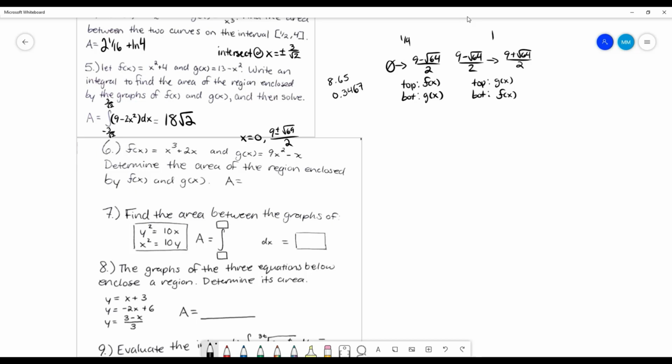So it's going to be 2 separate integrals, of course. So it's going to be first the integral from 0 up to here. And it's going to be f of x minus g of x. I'm going to write it over here because I don't want to rewrite. So it's just going to be x cubed plus 2x minus 9x squared minus x. So that's going to be x cubed plus 3x, we combine like terms, minus 9x squared.